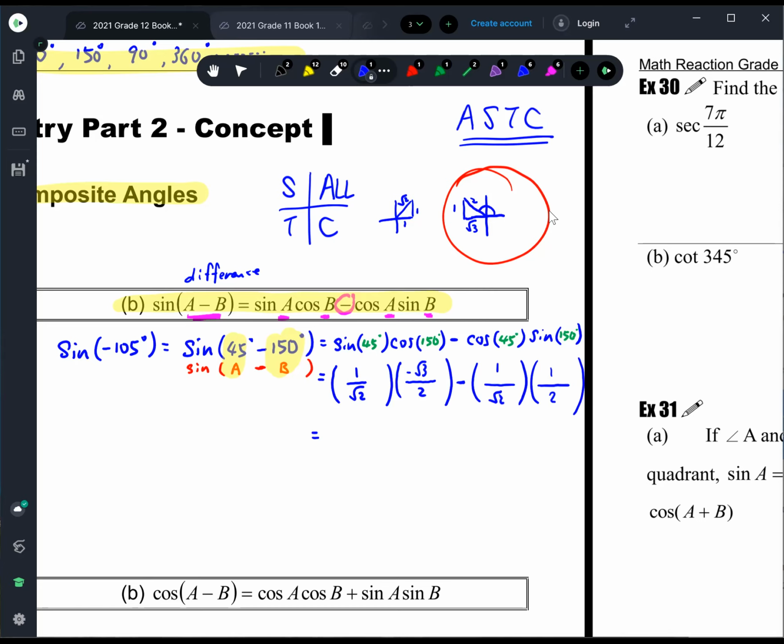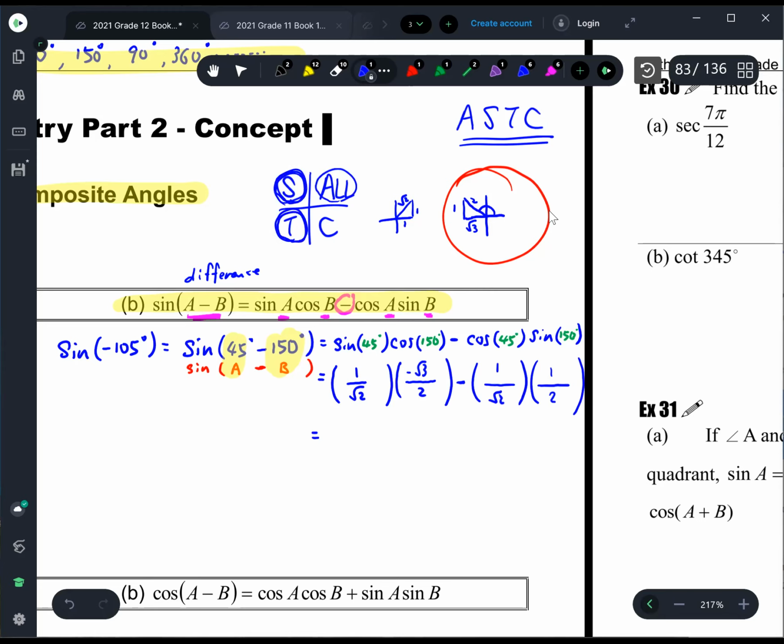Can you say one more time? A is all, then sine and cosecant, then tan and cotangent, and then secant and cosine. Yeah, okay. So these are the places where each one will be positive.